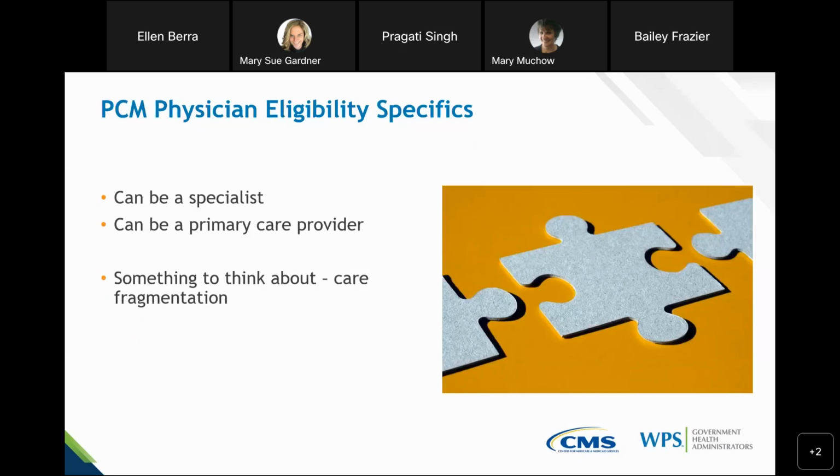So again, on this slide, just something to think about. It can be the specialist, can also be the primary care provider. And then the something to think about is that care fragmentation. In providing principal care management services, whether you're a specialist or a primary care provider, you will be incorporating information from other practitioners, should there be other practitioners involved, into your care plan, and then sharing your care plan with those other practitioners.